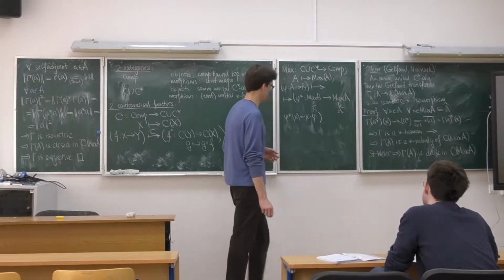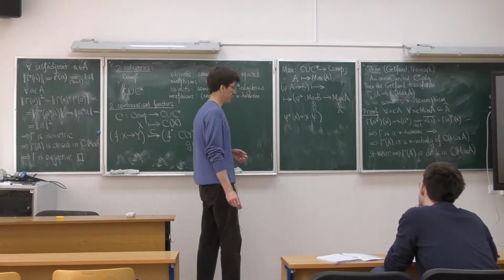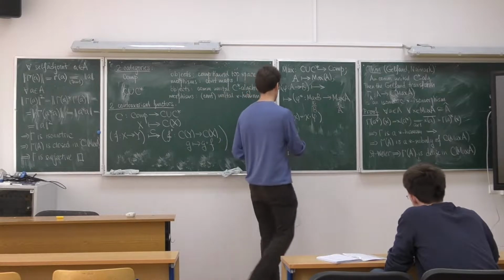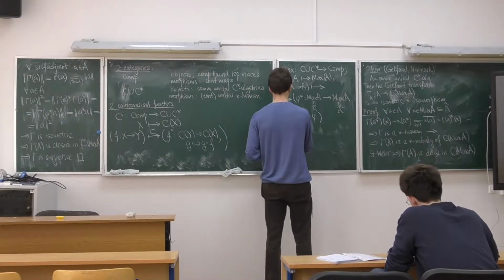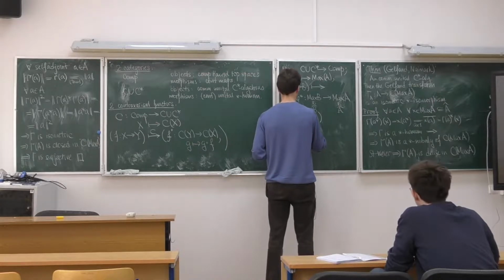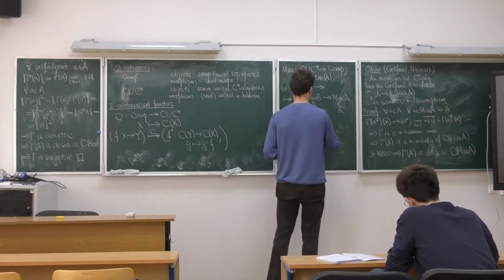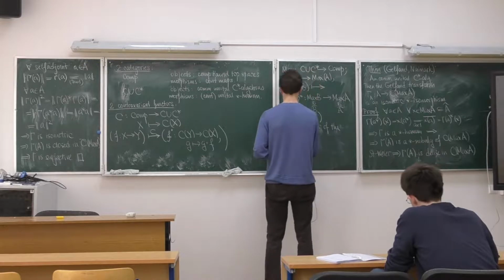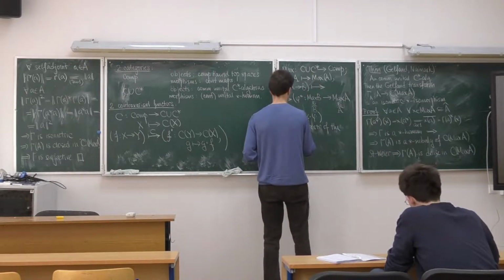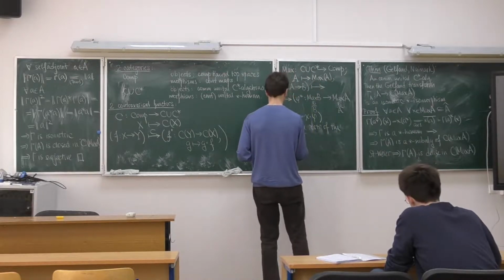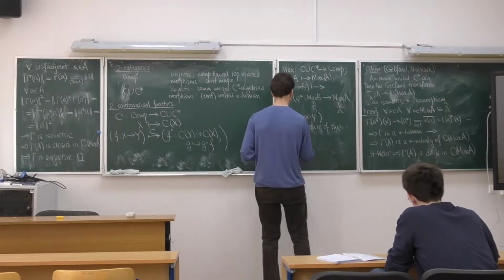The initial question is, why is it continuous? And it is continuous for the following reason. This map, phi star, is nothing but the restriction of the dual operator, phi star, from B star to A star.